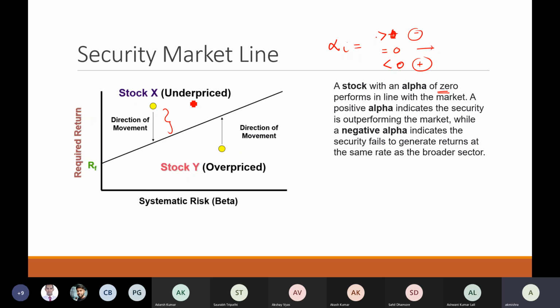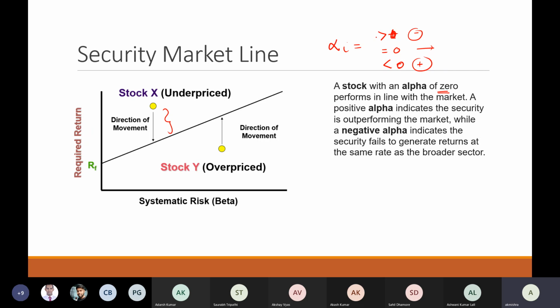Alpha positive means you are talking about an underpriced or overpriced security. If your alpha is positive, we call it an outperformer, whereas when alpha is negative, we call it an underperformer or not performing.